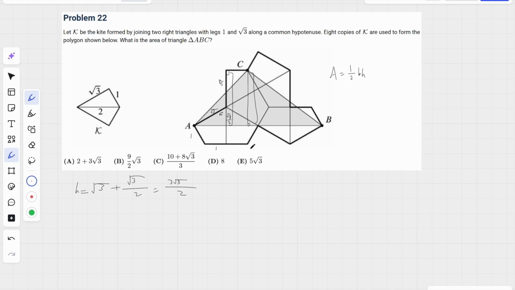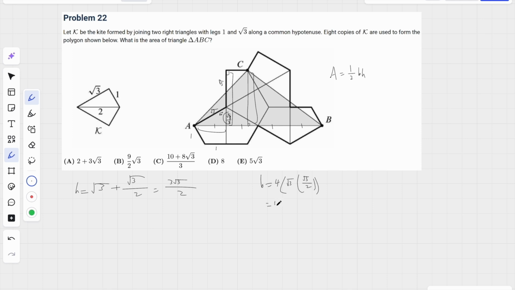Now for our base, we see that each of these 4 segments are equal. And in this segment right here, because it's across from this 60-degree angle, we know it's root 3 times this segment. So it's root 3 times square root of 3 over 2.